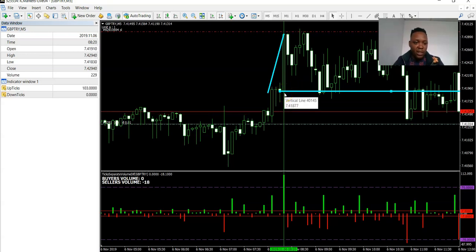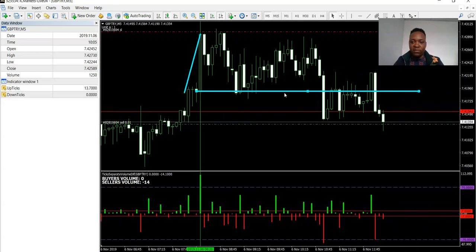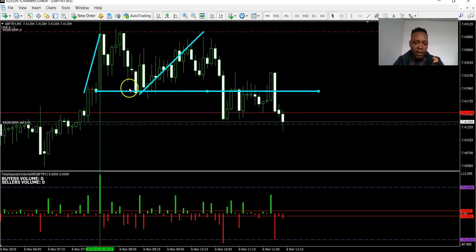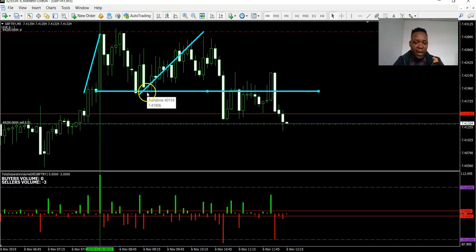There were 103 buyers as compared to sellers, which means there were big guys involved in that trade. Then you use that information to look for trades when the price goes back to the very same zone, and in the future you need to identify that zone as a potential demand zone or a support area before you buy, right?